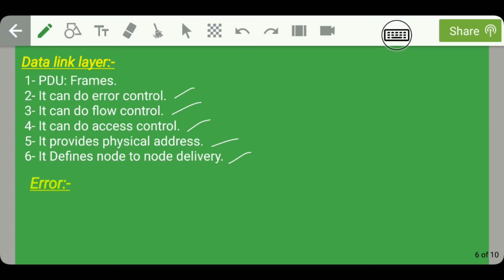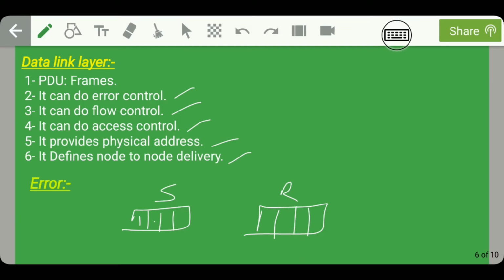First of all, let us talk about what error control means. Guys, before talking about error control, let me tell you what an error means. Let us consider that this is the sender node and this is the receiver. Consider that the sender has transferred this data, that is 1001, but the receiver has received the information like this, that is 1000.